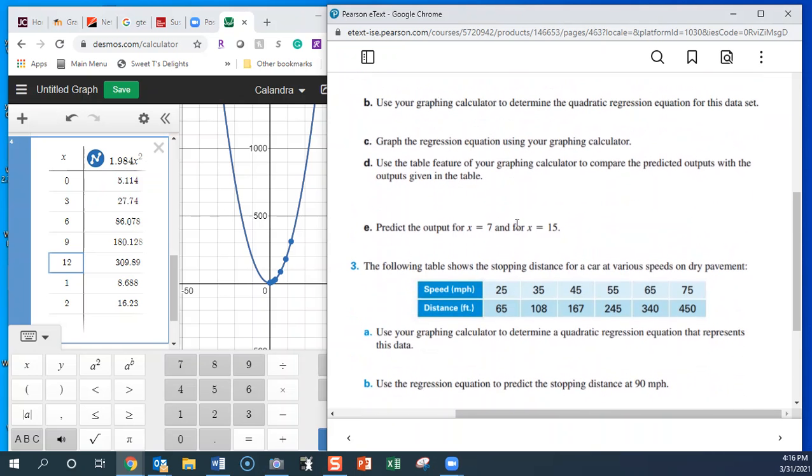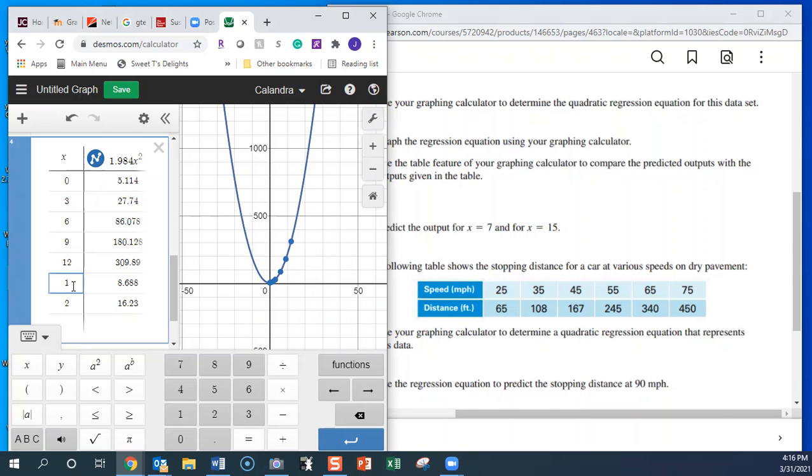All right, so now that was D. Now E, it says predict the output for x equals 7 and x equals 15. So what they want us to do is to put it in our table. So we'll put 7 and then we will put 15. And it gives us the values here, rounded to 3 decimal places or 2 decimal places.